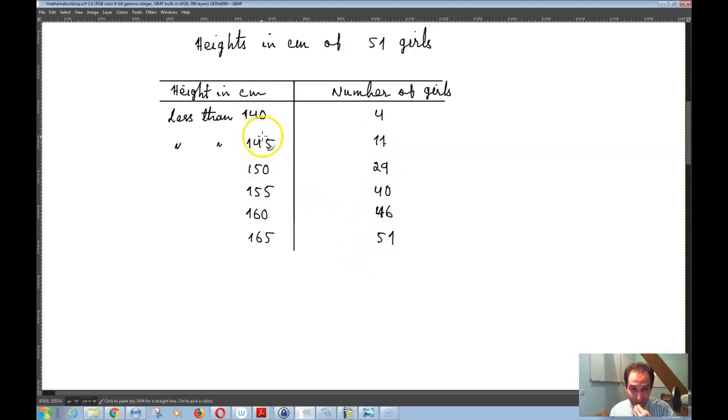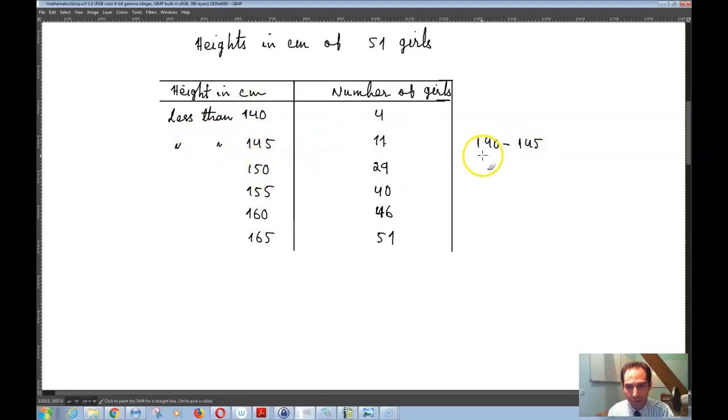So that means that as you come down this list, more and more classes are being added, meaning that we can write this as less than 140, and then less than 145.